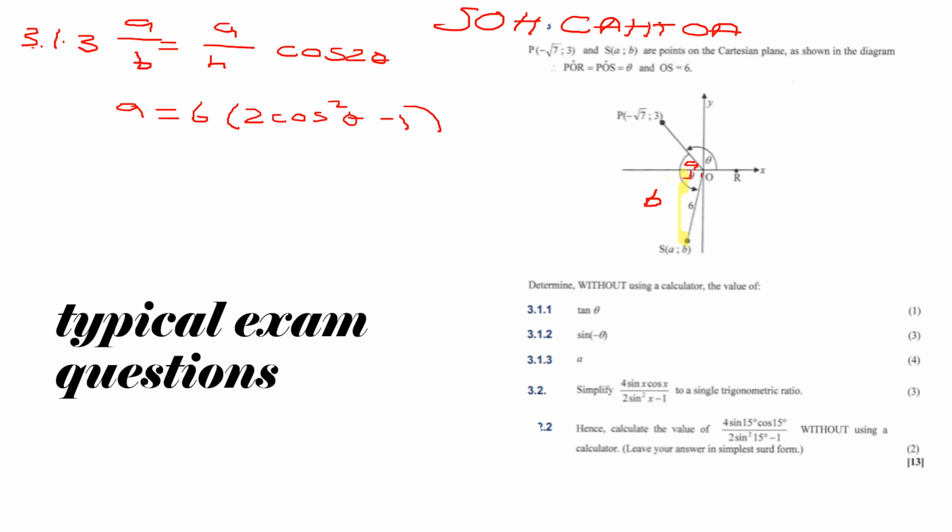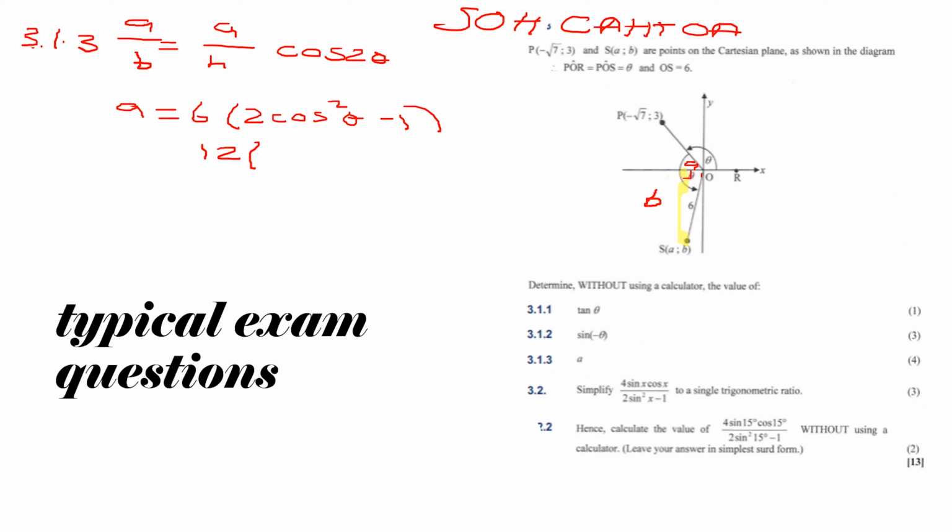Then we'll do a few calculations, and we know what cos is, so we'll just have to square that. Let's take the 2 out: 6 times 2 will give us 12. And then what's cos squared theta? Cos squared theta will be adjacent over hypotenuse.